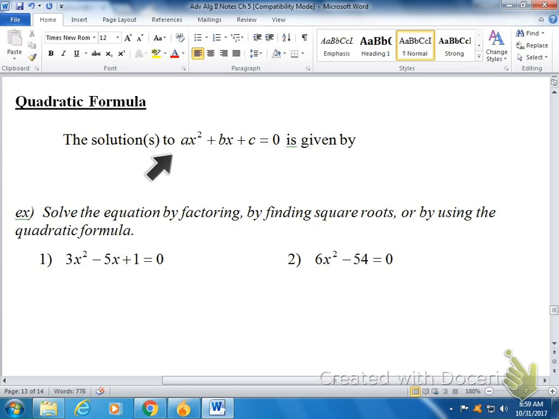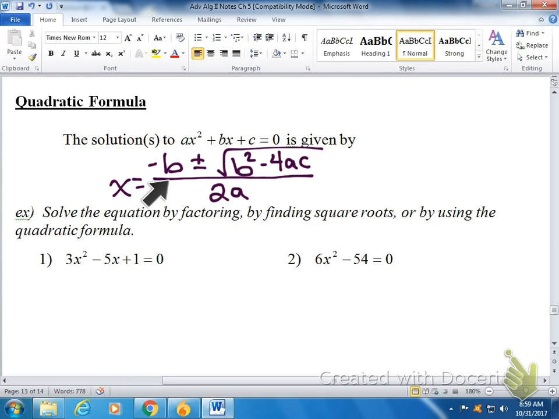The quadratic formula, if you've got all the terms on one side set equal to 0, is the following. X equals negative b plus or minus square root of b squared minus 4ac all over 2a. Notice how it's all over 2a. So 2a is the entire denominator.